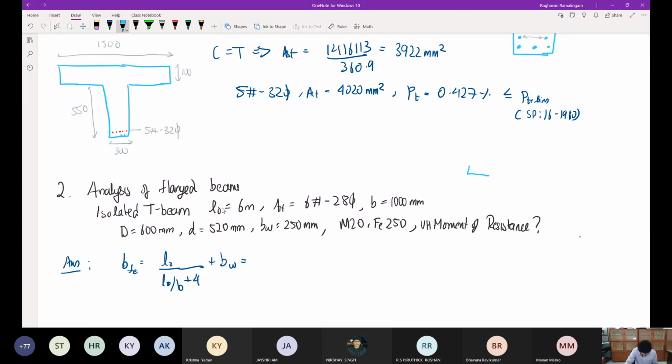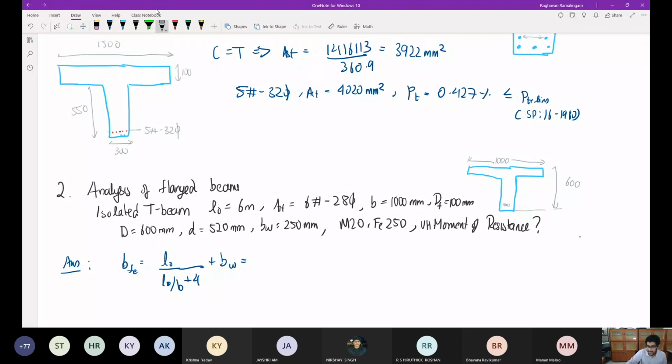I suppose it will be 100 mm. I think it should be 100. Yes, 100 mm. I've written it in such a way that even I am not able to find it. So the actual breadth given to us is 1000, and this is another 600.